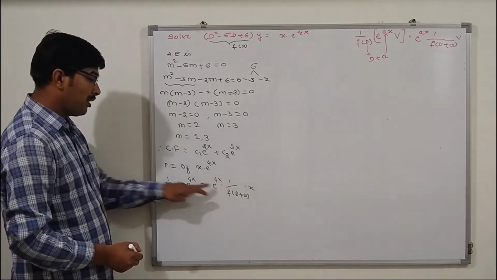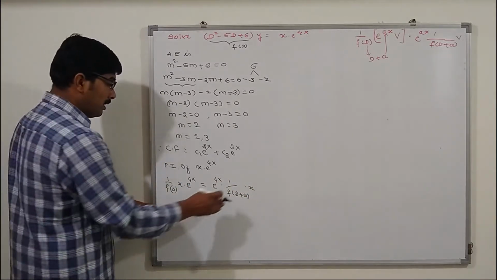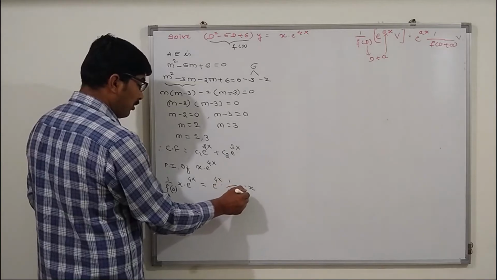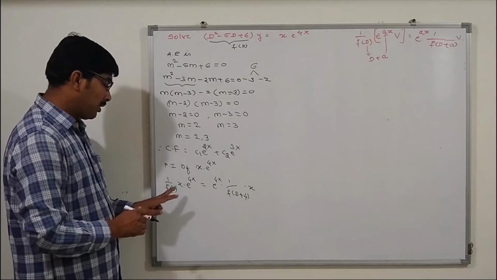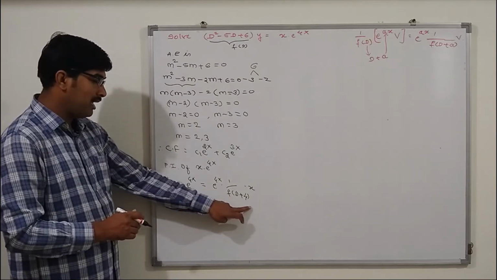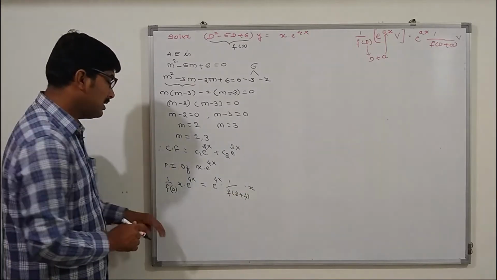I have taken e raised to 4x outside. Then a value is equal to 4 here. D is replaced by D plus a, where a is equal to 4, and x remains as it is.